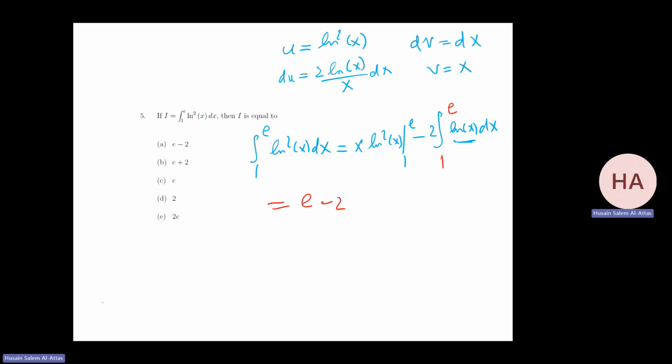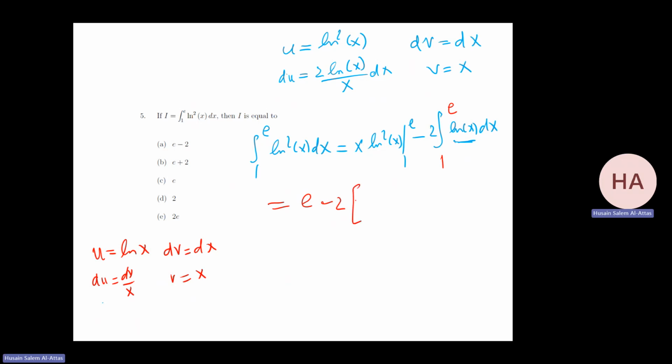How to do ln x? I know it's x ln x minus x, but that's okay. Let u equal ln x and dv equal dx, so du is dx over x and v equals x. So I will do integration by parts again.